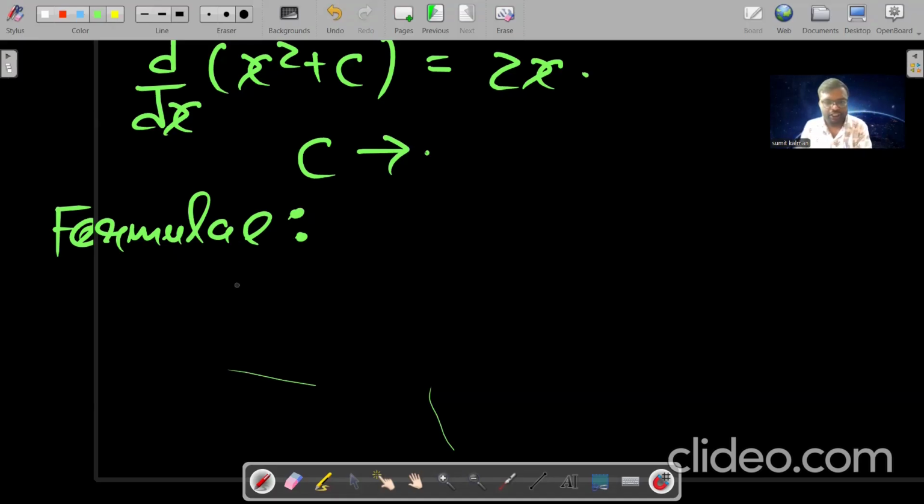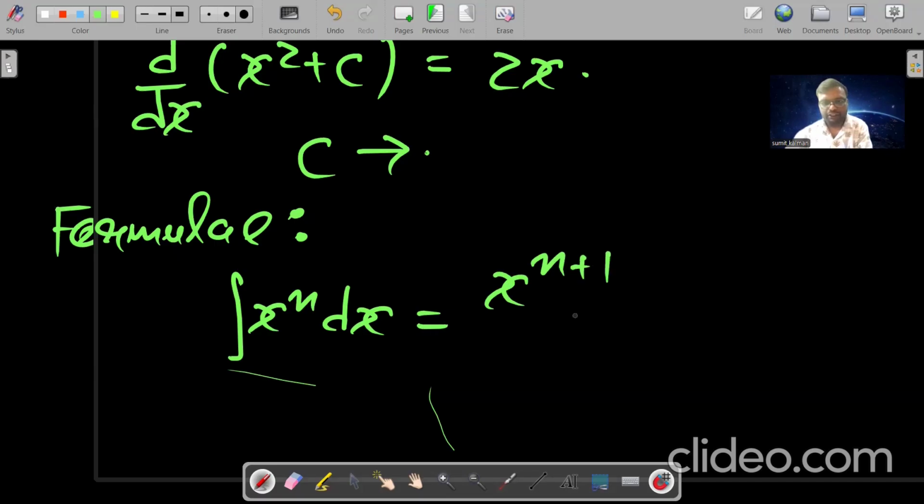If you have integral x to the power n dx, it is equal to x to the power n plus 1 upon n plus 1 plus constant c. We always add integration constant c in indefinite integrals.